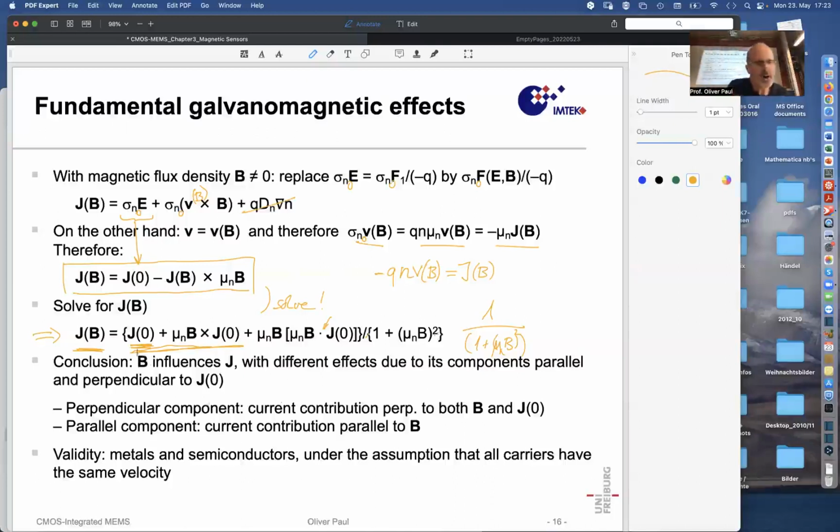So galvanomagnetic effects up to linear order are described fully by this front equation. If we would like to go to the second order, to have a more complete picture, we need to keep this term in the numerator, and then we also have to include this term in the denominator.